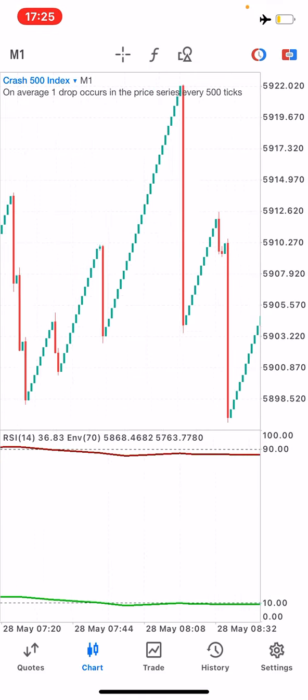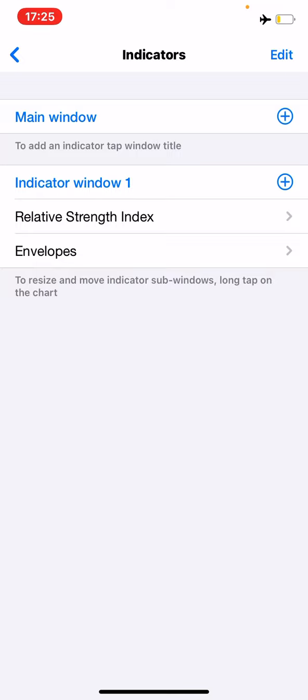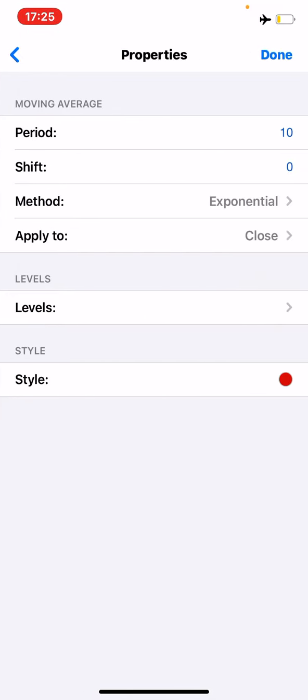The next and final indicator that we need is a moving average. This is also going to be the last confirmation that we need per entry, right? So I'm going to go to indicators. Again, I'll choose indicator window 1, and then I'll choose moving average, and this moving average is going to have the following properties.